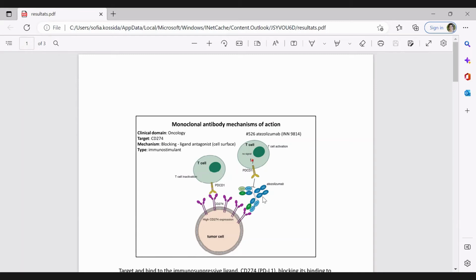You can have a look at articles within PubMed. I suppose you all know PubMed, right?